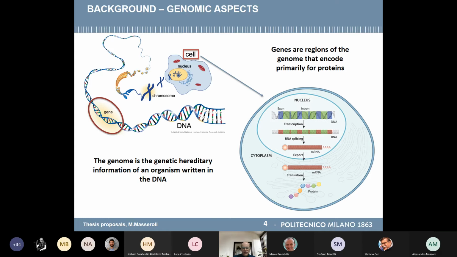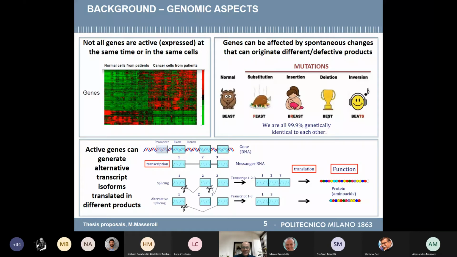The genes in our genome are about 25,000, so not so many, but then there are many other aspects that complicate the scenario.